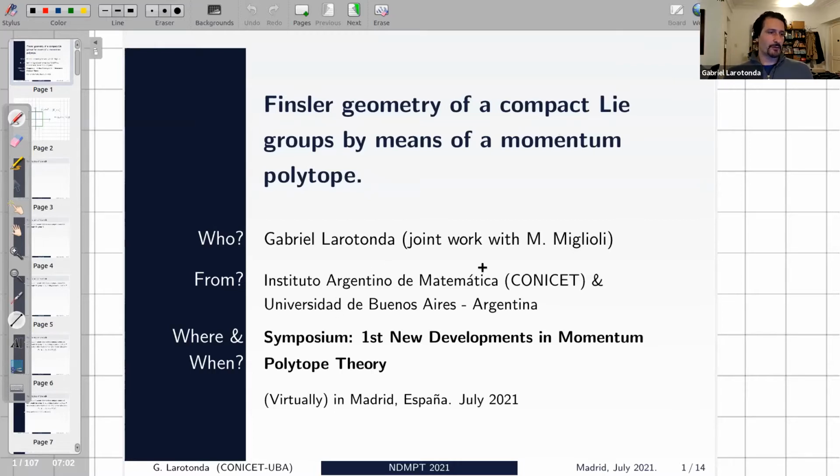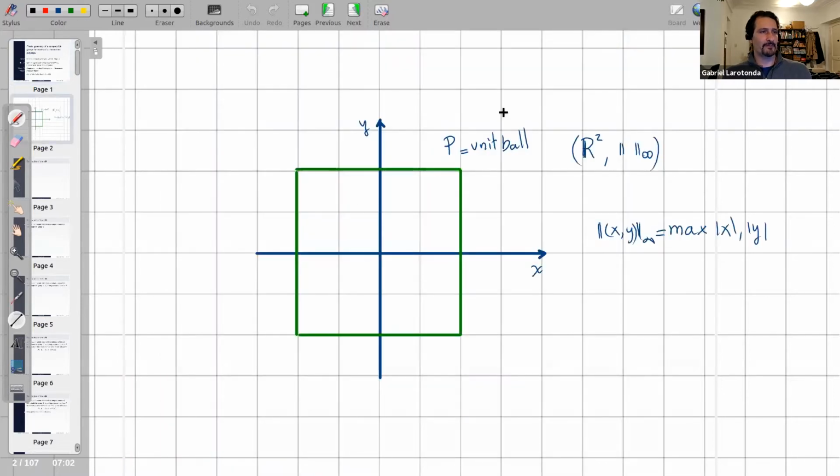This is joint work with my student Martin Miglioli. Before I really begin with the slides, let me introduce you to a very simple and motivating example of what we are trying to discuss over here.